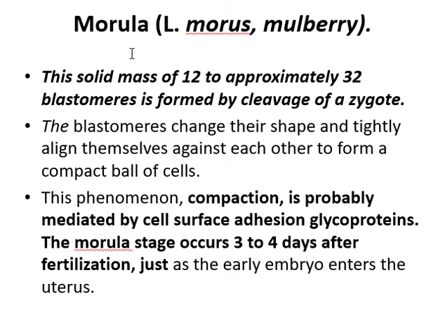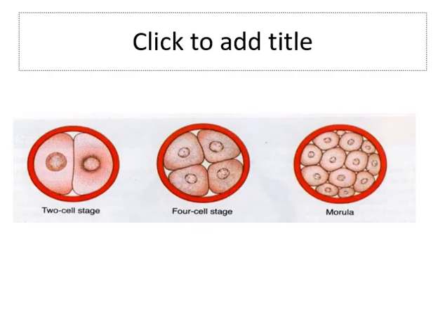First, the structure was the zygote. Then after the successive cell divisions, at the stage of 12 to 32 blastomeres, it is called morula.